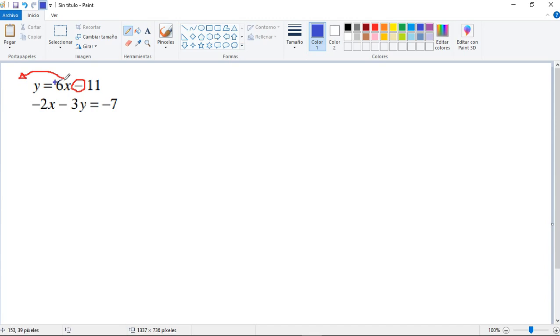So when we send this into the other side, it is going to be subtracting. So it is going to be negative 6x plus y, because y is positive, plus y equals negative 11.